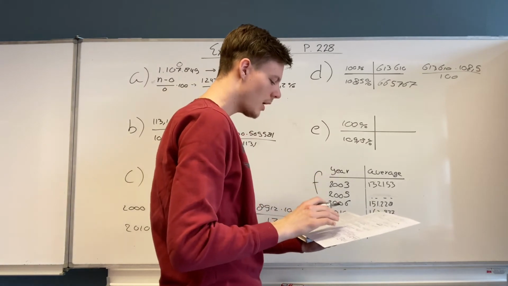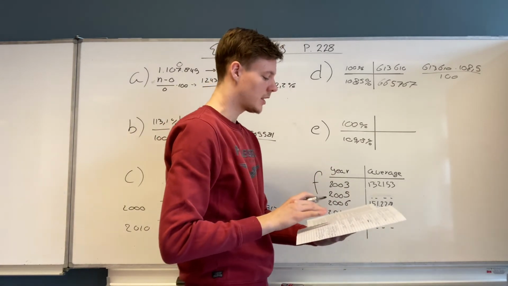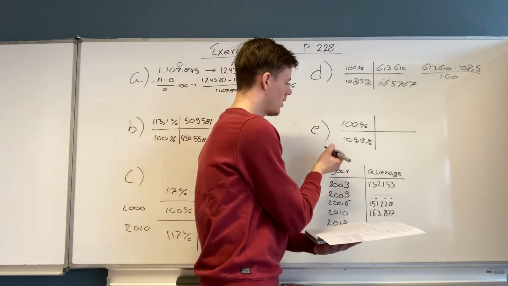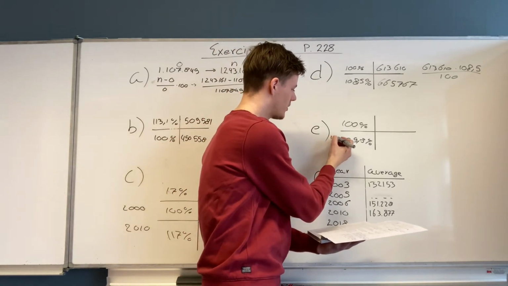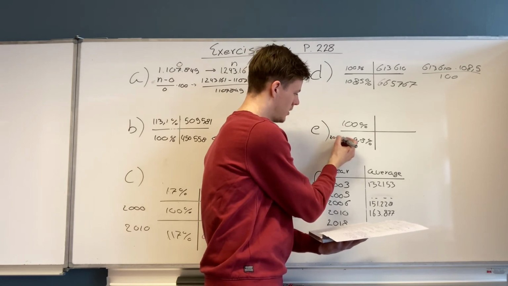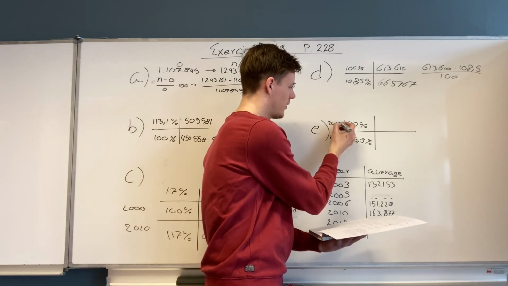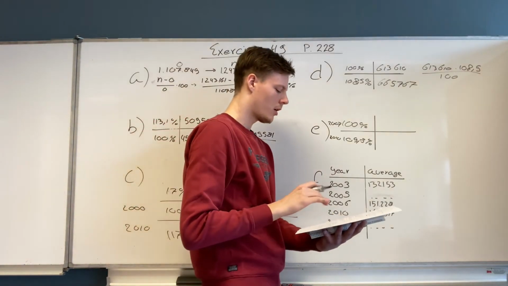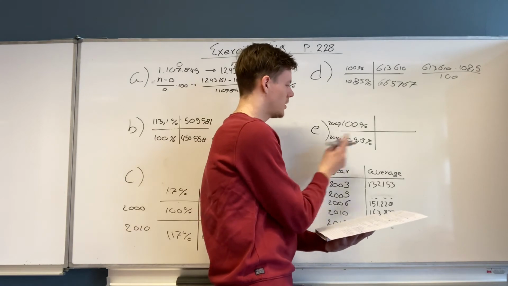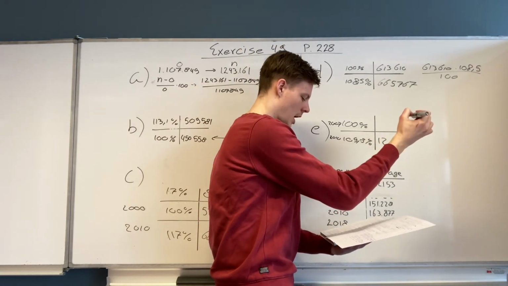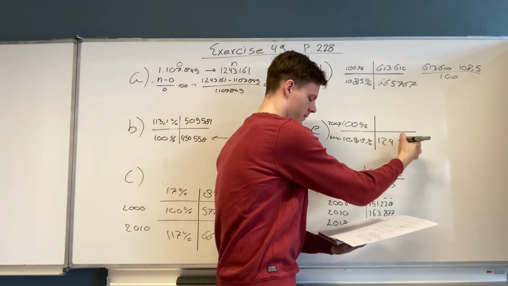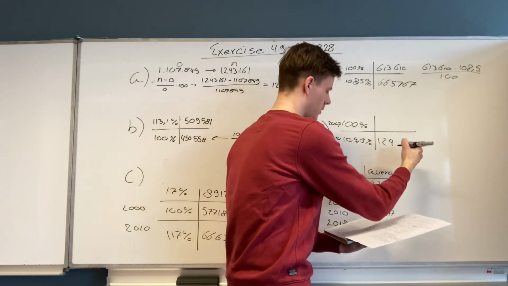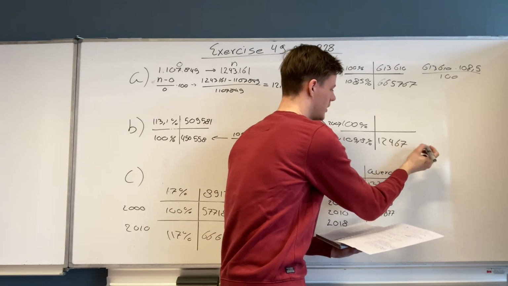Okay, and then we know that the number of train passengers in 2010, this is 2010, this is 2007. There was an increase of this number, and the number in 2010 was 12,467.